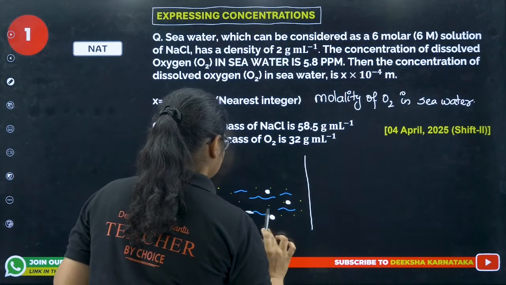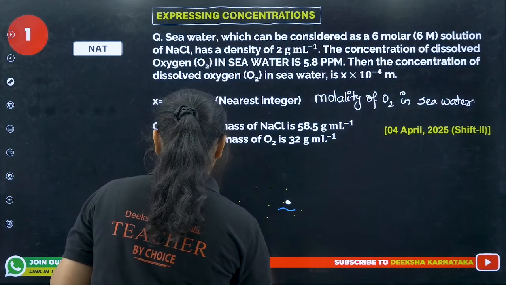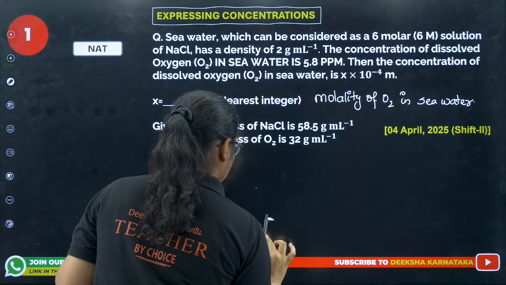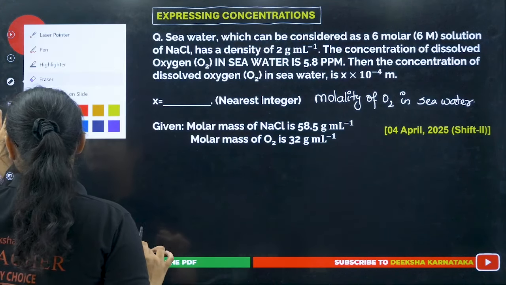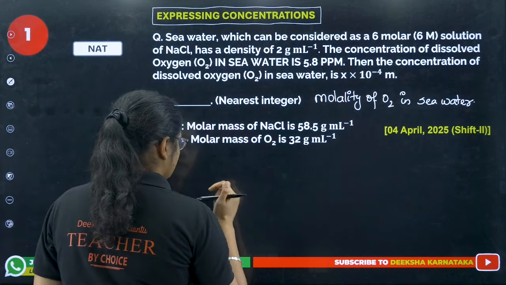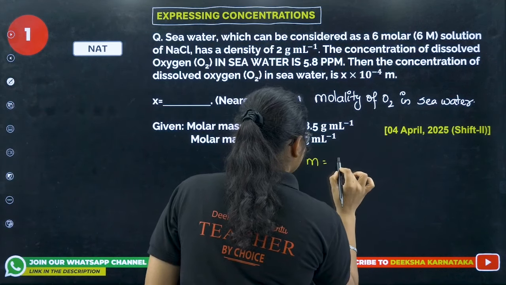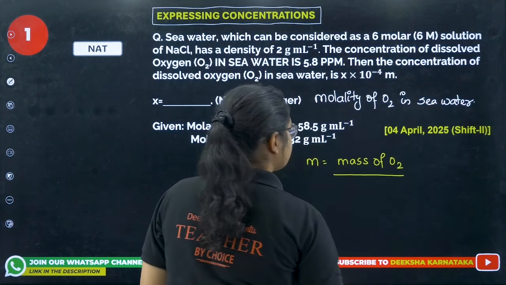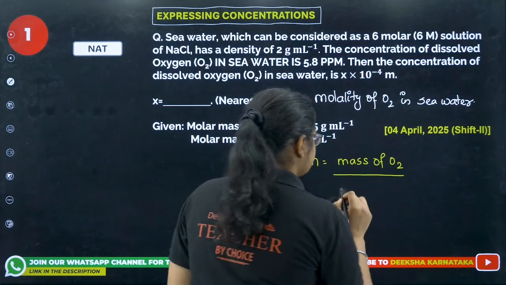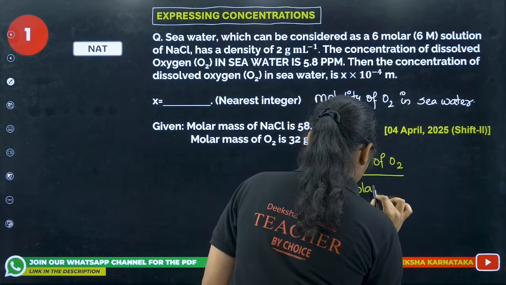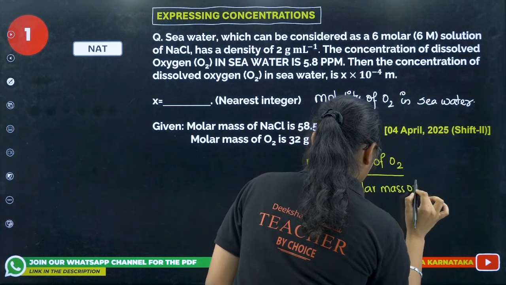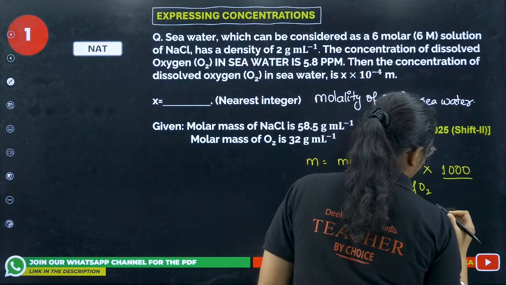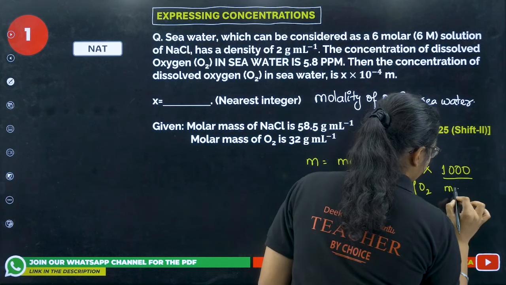Molality is the mass of oxygen divided by the molar mass of oxygen, into 1000 by the mass of the solvent.